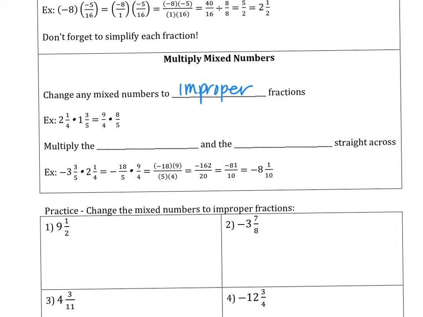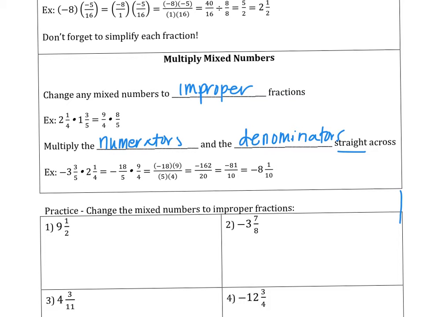We multiply the numerators and the denominators, again, straight across.